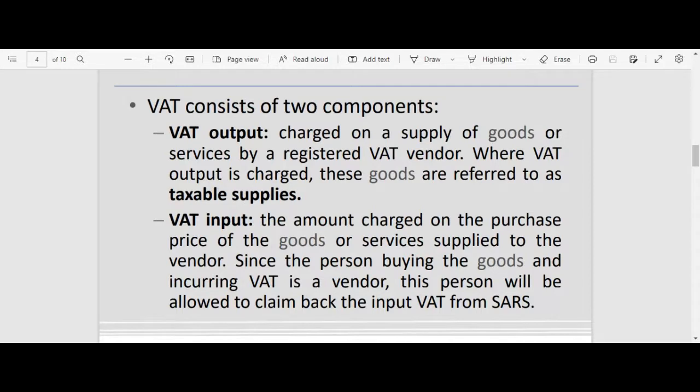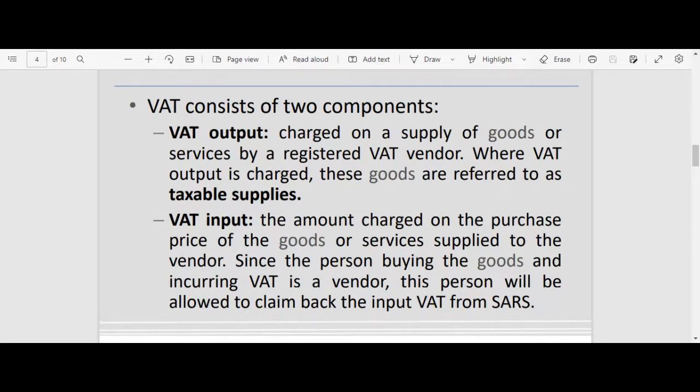Ladies and gents, the most well-known example of an exempt supply is the supply of residential housing. And very important, we are using the term residential, not business, but residential.